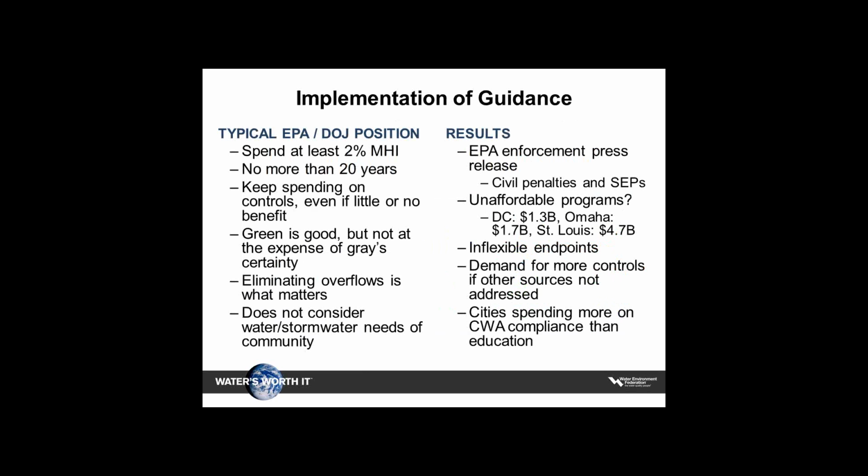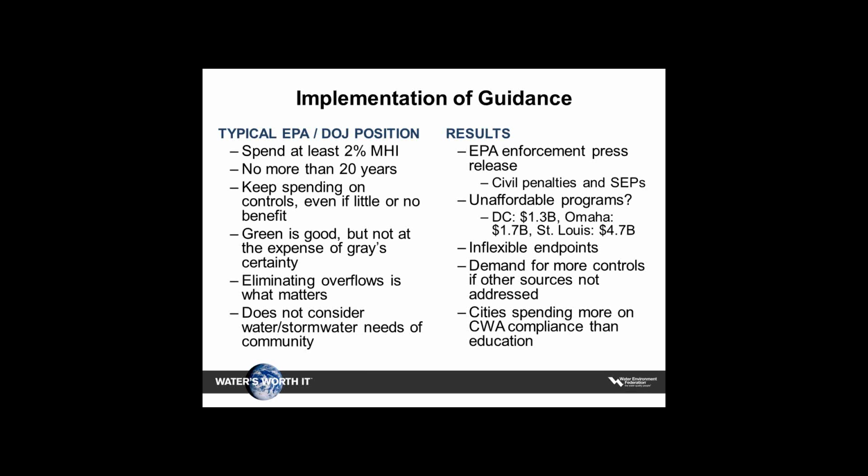And as a result of using this guidance to implement negotiations on CSO and SSO controls, before the mayors got into the dialogue with EPA, the typical EPA DOJ position was, you have to spend at least 2% median household income, and you can't have more than 20 years.